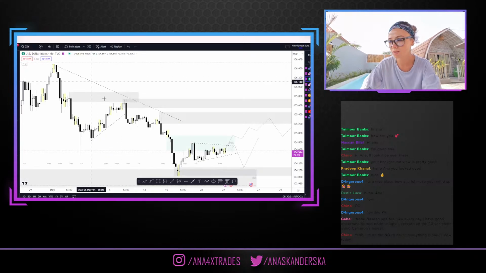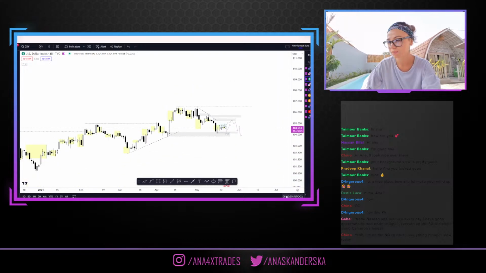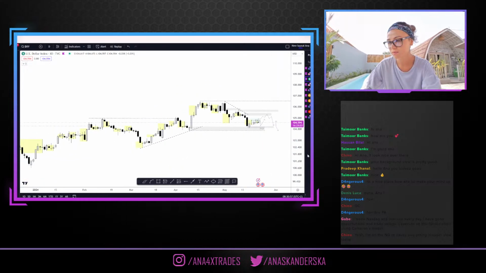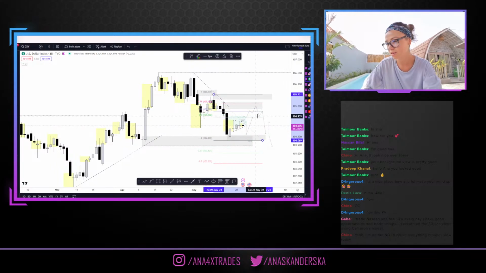If we look at the higher time frame, we're in consolidation. Price is approaching equilibrium, and whenever we are in equilibrium, we see this consolidation.